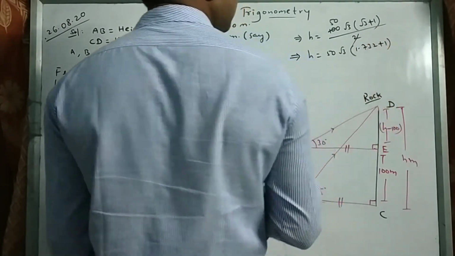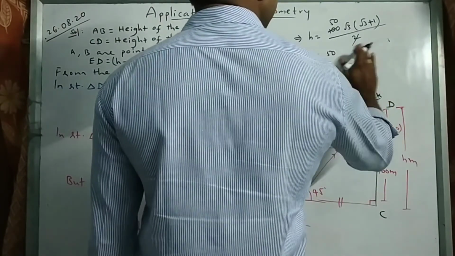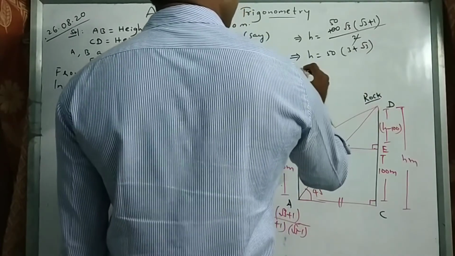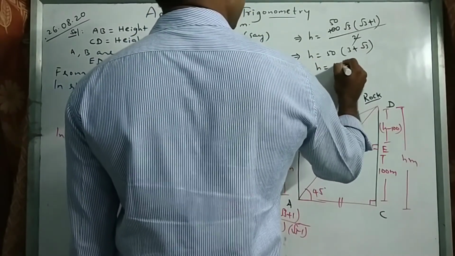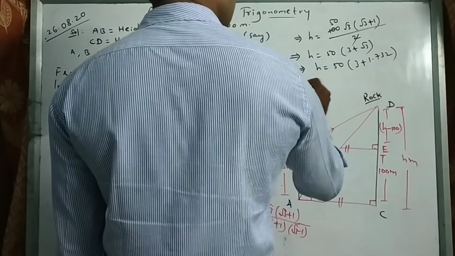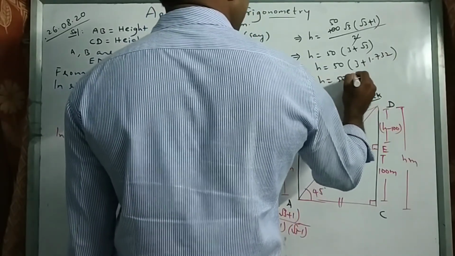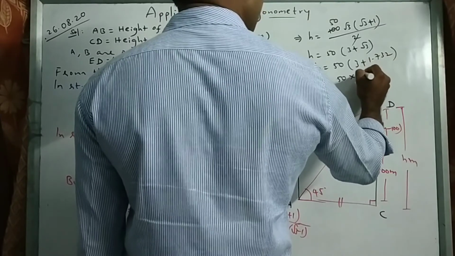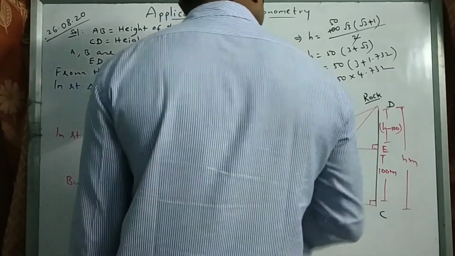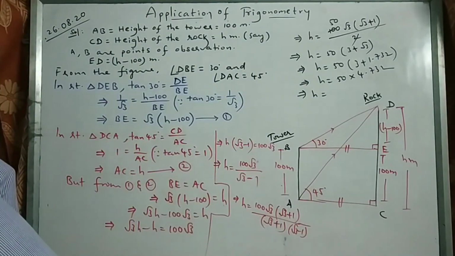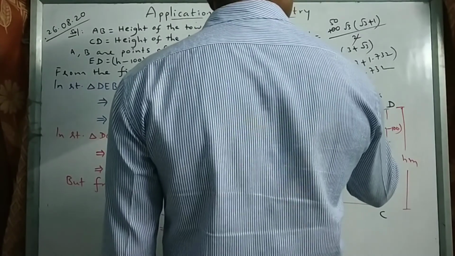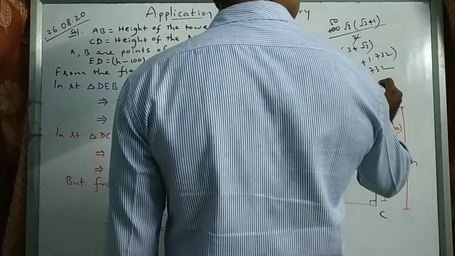You multiply inside, 3 plus root 3, right? So h equal to 50 into 3 plus root 3, value 1.732. So h equal to 50 into, if you add this, 4.732, if you multiply this, you will get 236.6. 236.6 meters.